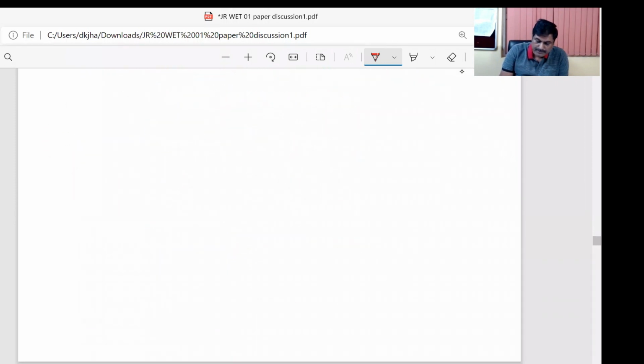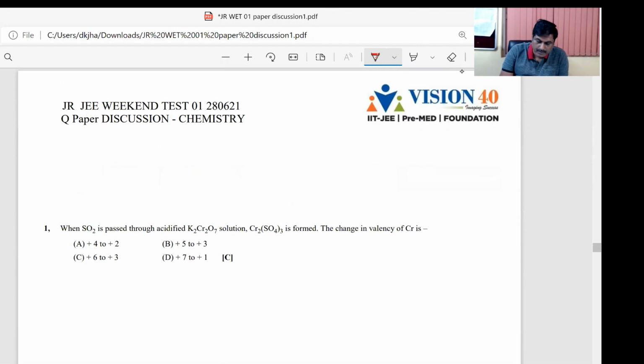Move to the next question. When SO2 is passed through acidified K2Cr2O7 solution, Cr2(SO4)3 is formed. The change in valency of chromium. Okay, so let's see this one. K2Cr2O7, SO2 is passed.